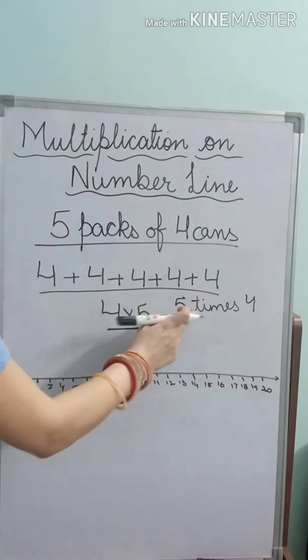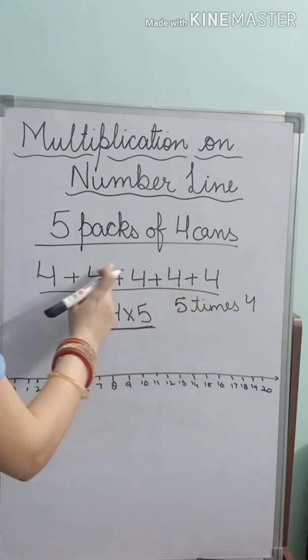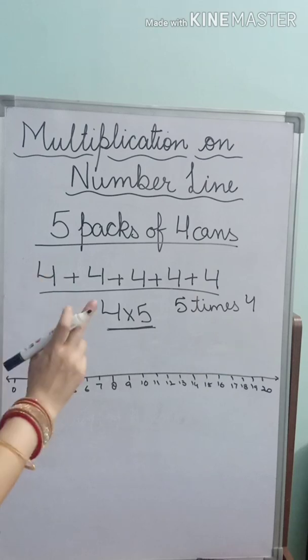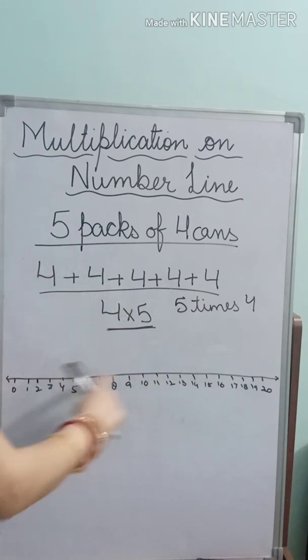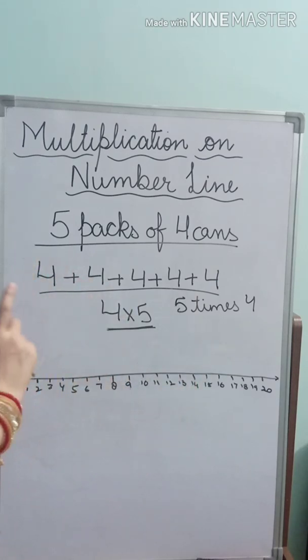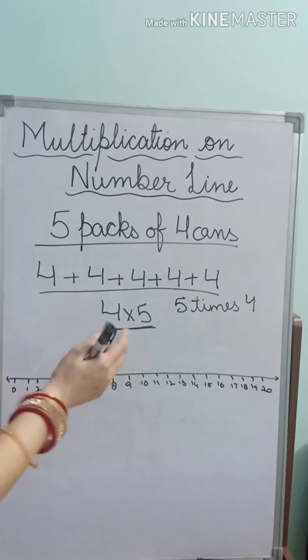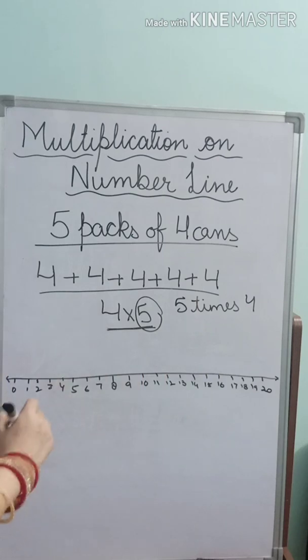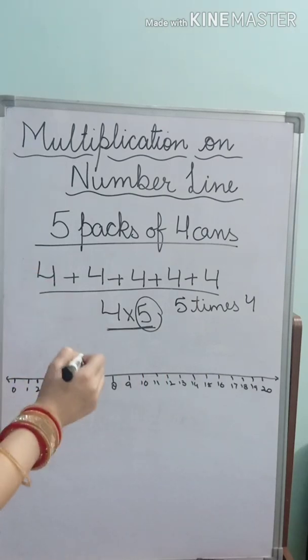That is 4 added to itself 5 times. Now, if I take 5 jumps on the number line, I'll get the answer, right? If I jump 5 times on this number line, I will get the answer.